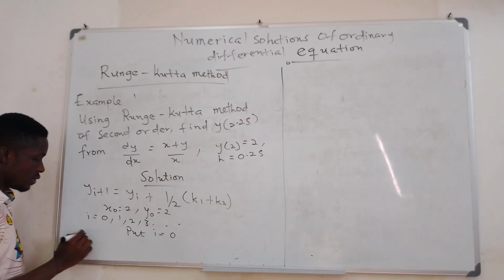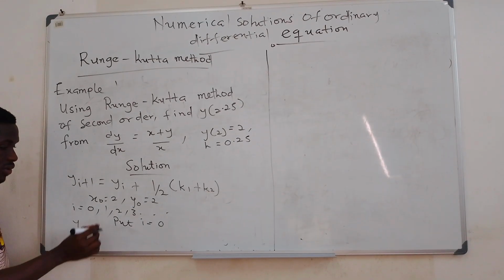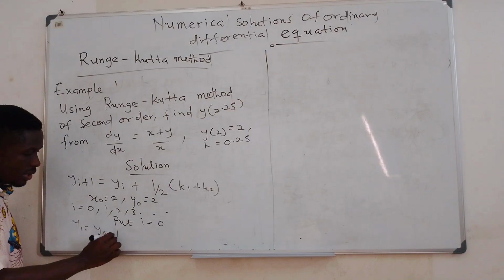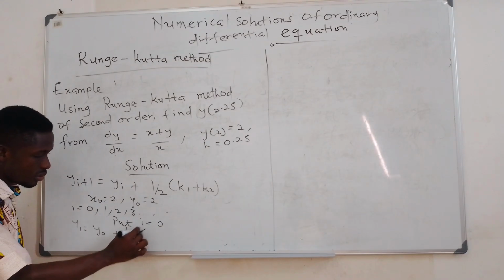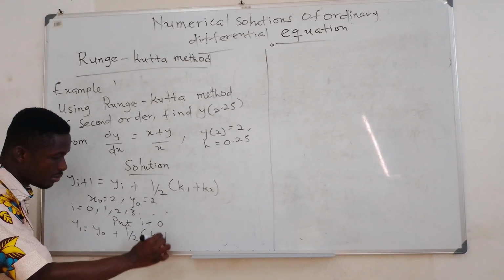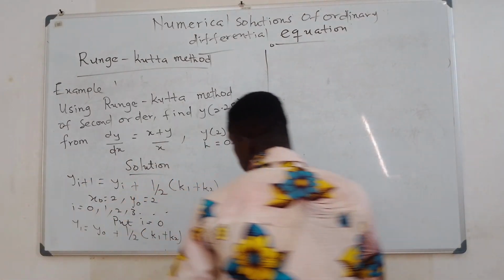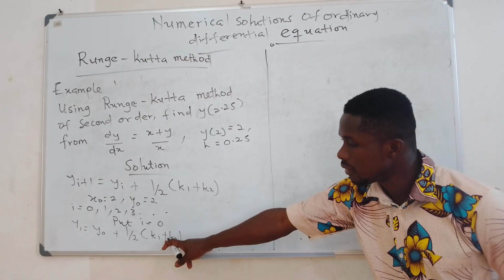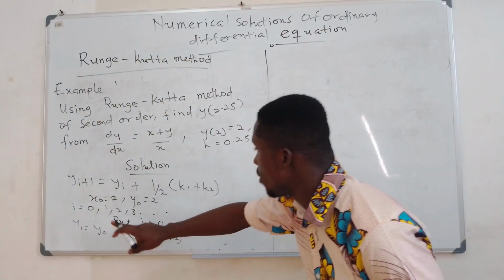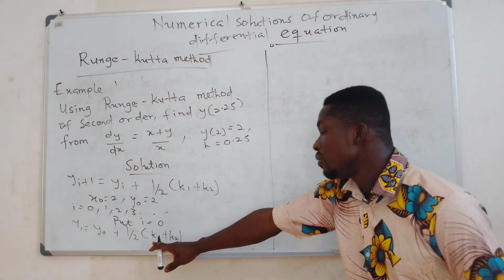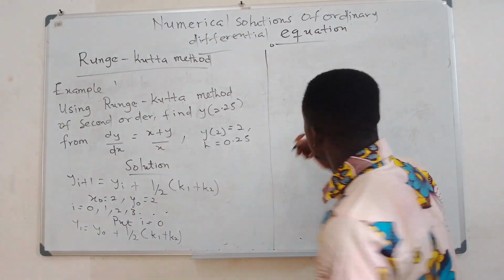So y1 equals y naught plus 1 on 2 multiplying k1 plus k2. Very good. So now, how do we find our k1? We know our y naught to be 2. But we don't know k1 and k2. So we find k1.